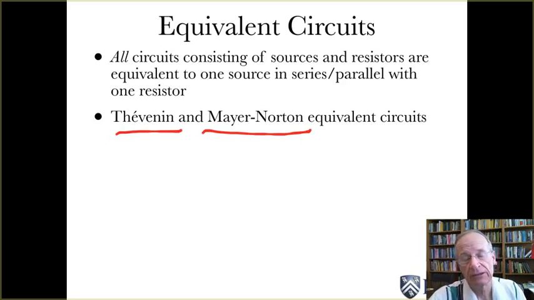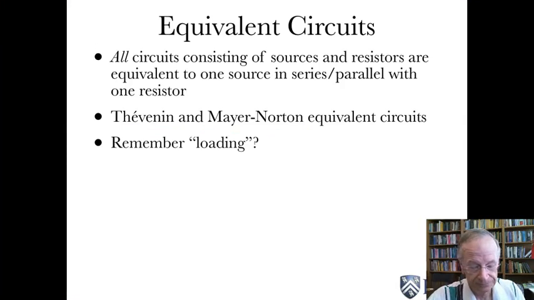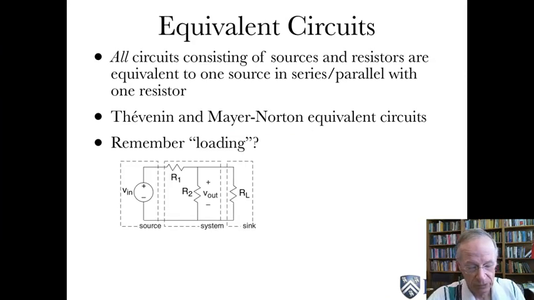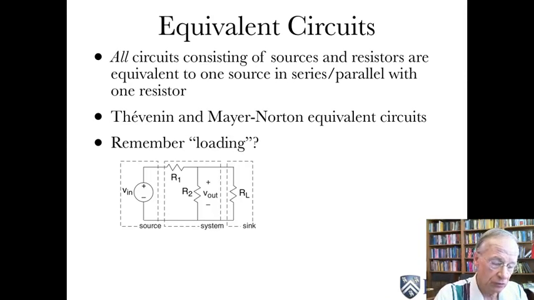What I mean by that is you're now going to attach something to the terminals and just determine things. And depending on what you're interested in finding and how complicated the circuit is to attach, you would use one or the other. Now, remember how we got started on this. Remember we were attaching our sink to our original circuit that we've been talking about. And the issue was what's called loading.